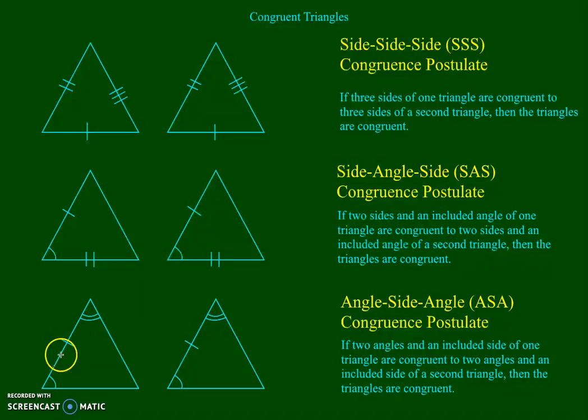And I can't do that because it's fixed. I can't change this angle, so changing this side length is not an option. And I can't change this angle, so changing this side is not an option. Which tells us that if we have two angles and an included side of one triangle congruent to two angles and included side of a second triangle, these two triangles have to be congruent.